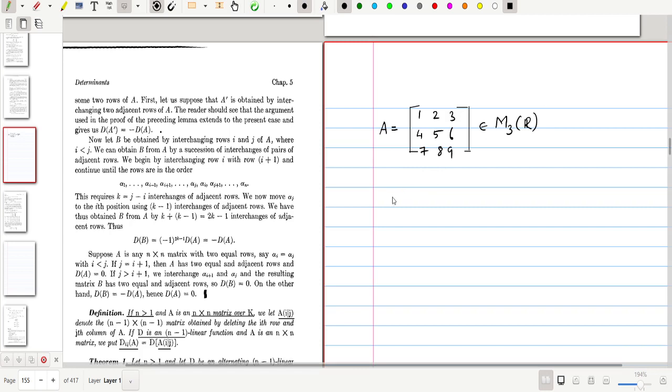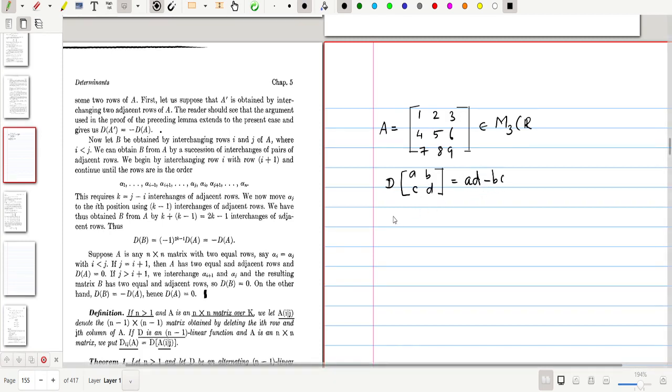First of all, we define D. D of any matrix with entries A, B, C, D is equal to AD minus BC.